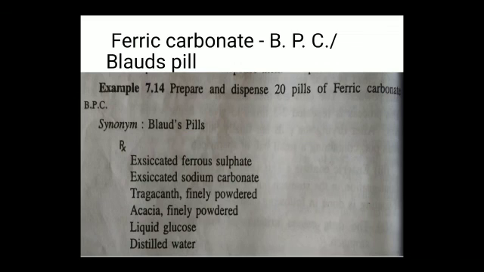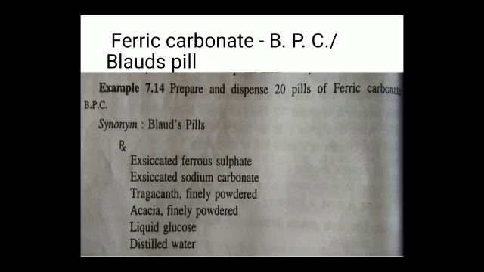The second example is to prepare and dispense 20 pills of ferrous carbonate BPC, also called blood pills. The formula contains exsiccated ferrous sulfate, exsiccated sodium carbonate, tragacanth fine powder, acacia fine powder, liquid glucose, and distilled water. To prepare blood pills, mix ferrous sulfate, liquid glucose, and water.